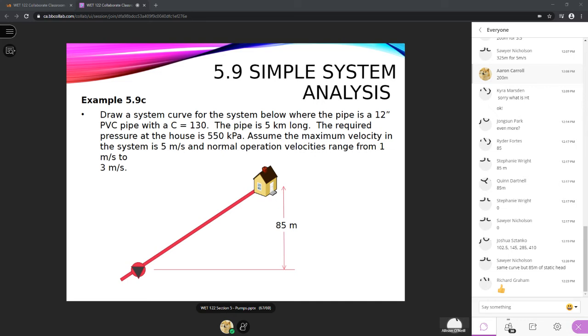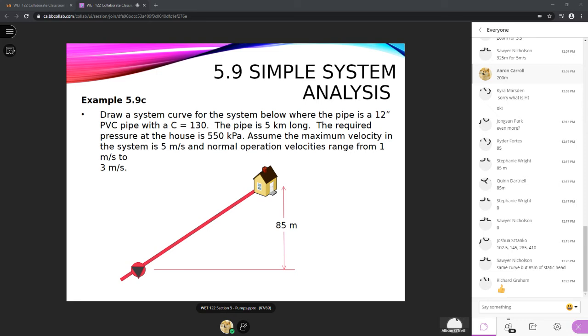So here's another example. And you'll notice we keep building on our previous example. In this particular scenario, we have the requirements our pump is going to have to meet. It's going to have to lift the water to 85 meters of elevation. It's going to have to overcome the head losses. But in this scenario, it's also going to have to make sure that the end user has pressure.